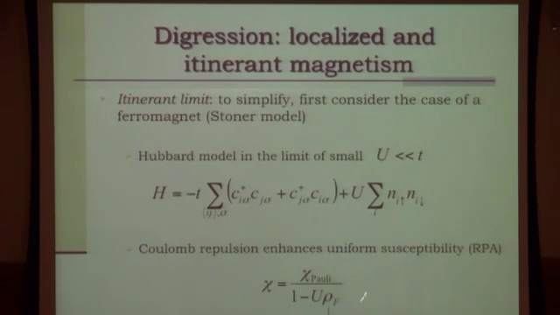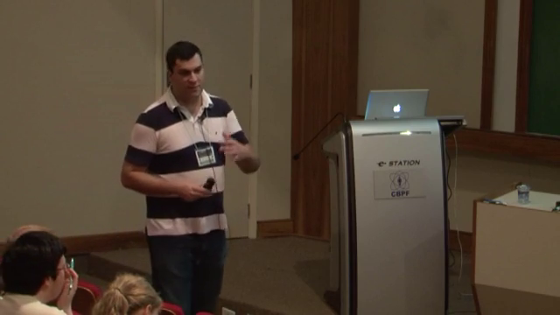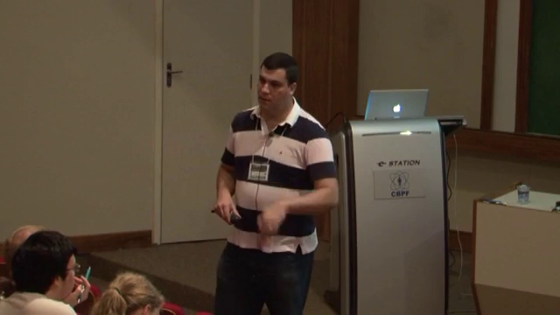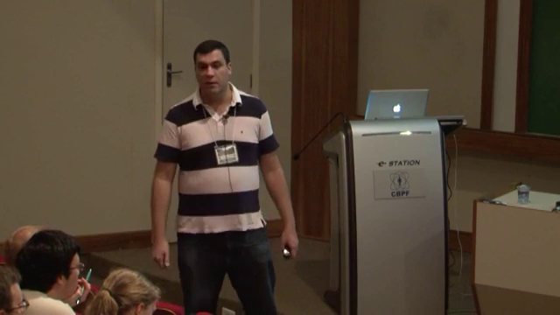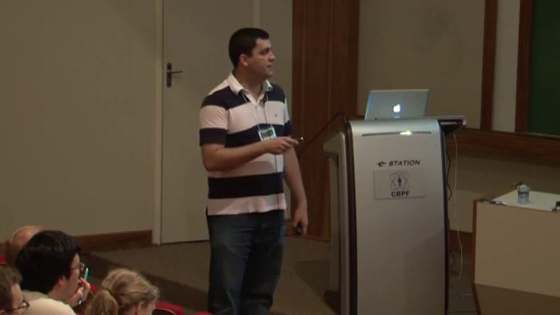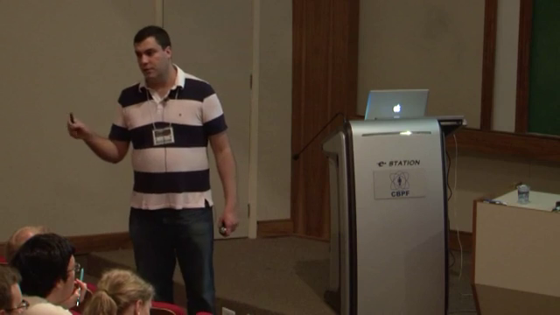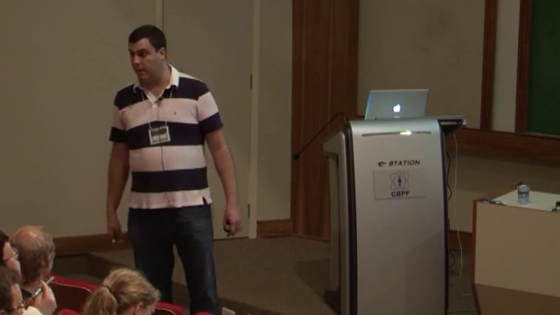Now, when do we expect this to happen? Well, it helps if you have a large density of states. This happens when you have nearly flat bands, and this is very common in systems that are close to something called a Van Hove singularity. At a Van Hove singularity, the density of states diverges. So even a small U would cause ferromagnetism.